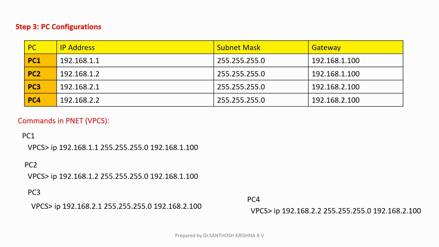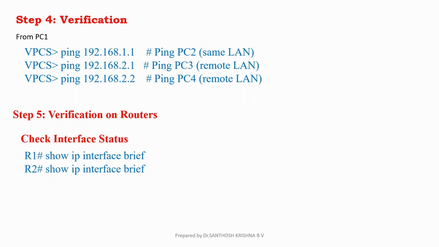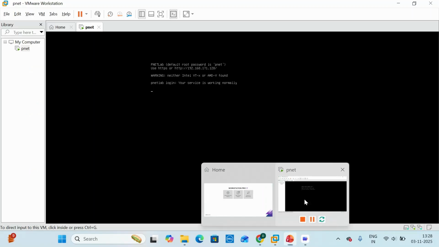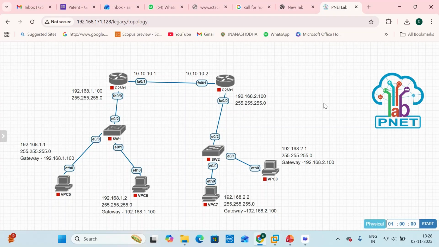Now let us start the lab session. These are some of the verification commands. This we will see directly when we do the lab, the show commands. I have already opened my lab and kept it. Here I have not done any configuration. I have just pulled the images of Cisco switches and routers, and I have given the labels just for understanding purposes and for quick learning.